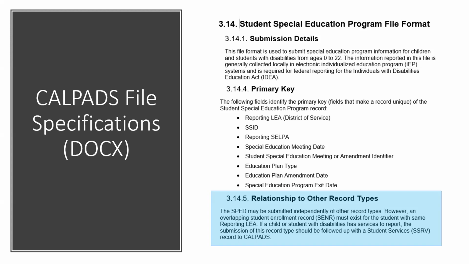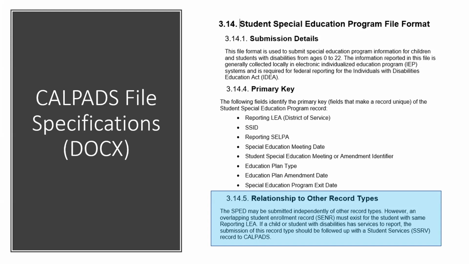This was chopped up, so it won't read exactly the way it's displayed. It goes from 3.14.1 to 3.14.4; I cut out 2 and 3 because they weren't relevant. But I did want you to see the primary key, reporting LEA or district of services, so that would be you, right? And then further down, which is specifically relevant, is relationship to other records.